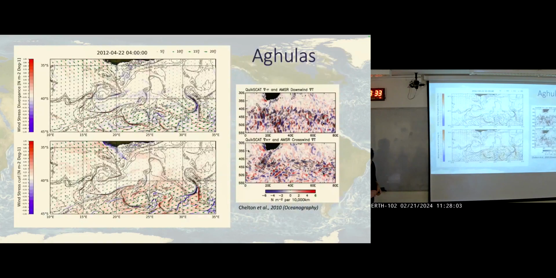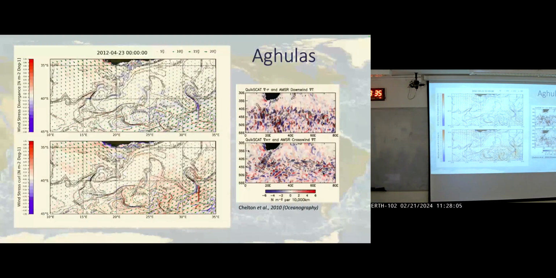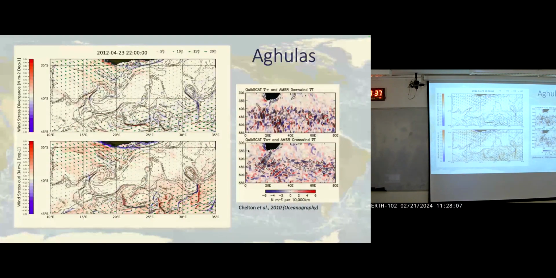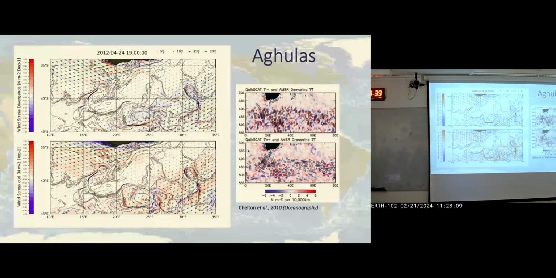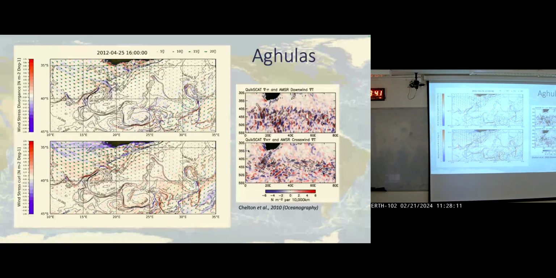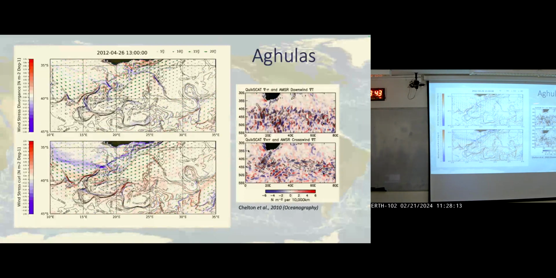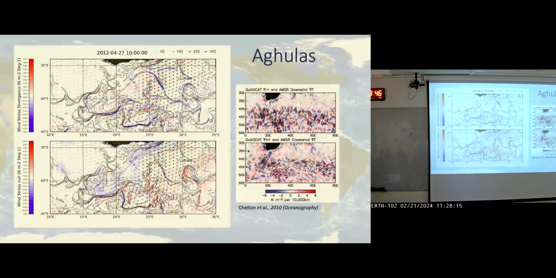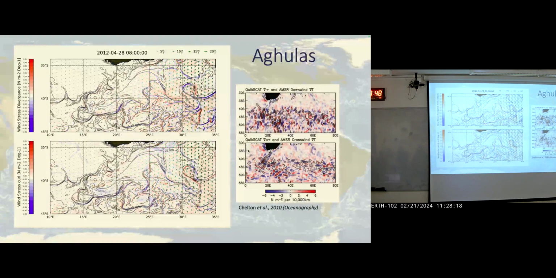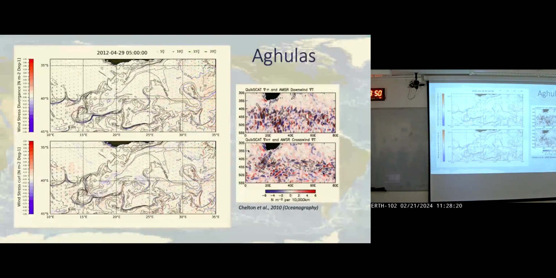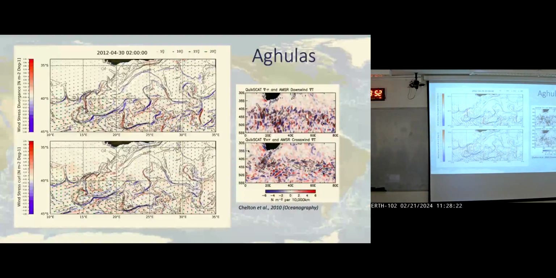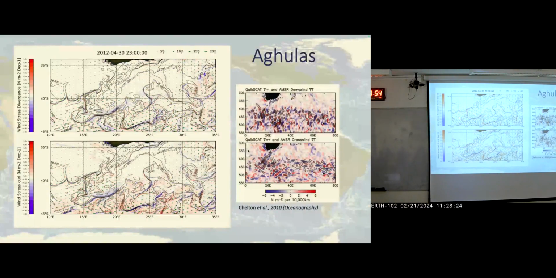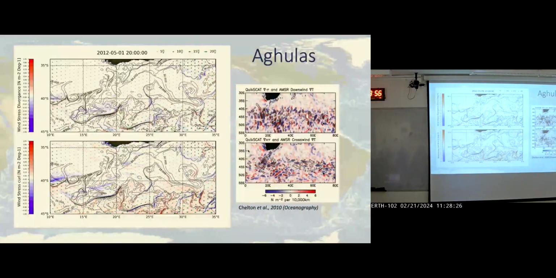And this is what I want to illustrate here in the movie. So this is also wind divergence, wind stress divergence and wind stress curl. This one is for the Agulhas, so you can see the SST front in this case. And what I want to show in this movie is that we see these fronts only during specific conditions.